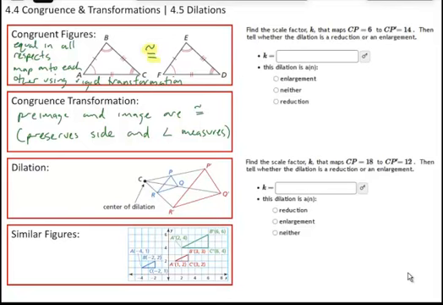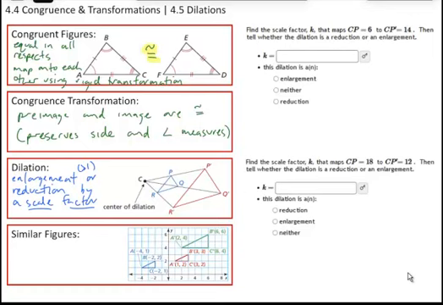And so it just becomes an enlargement or a reduction of the same original figure. And it's going to change by a dilation factor, or a scaling factor. An enlargement means that the scaling factor is greater than 1.